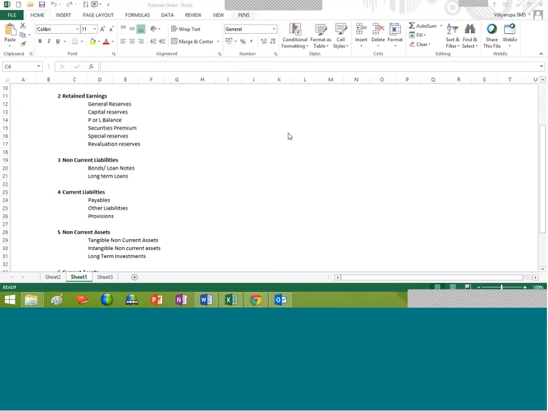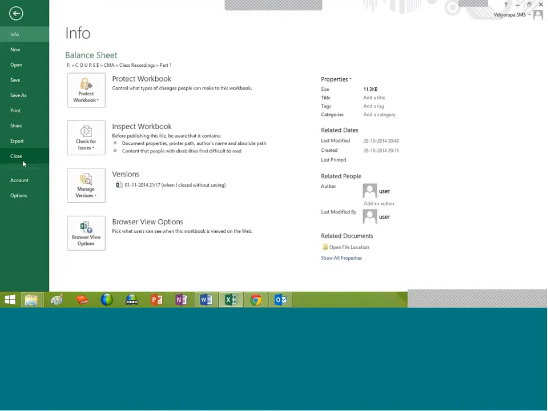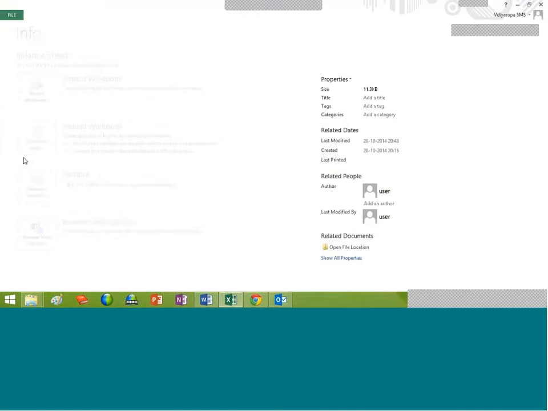We are going to continue our discussion on the financial statements which we had started last week. Last week we started discussing the statement of financial position.